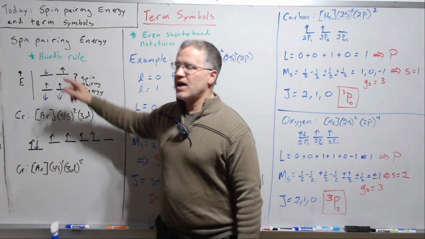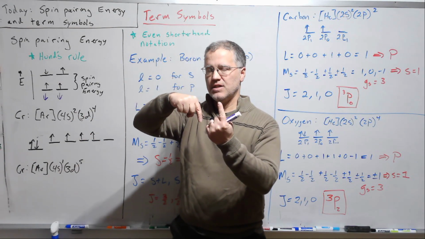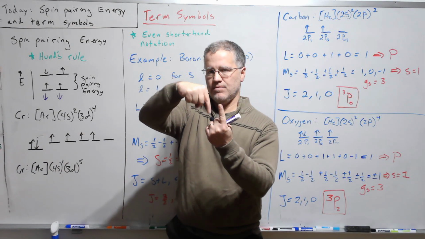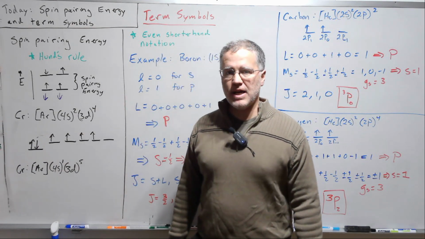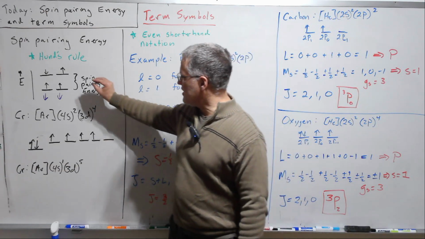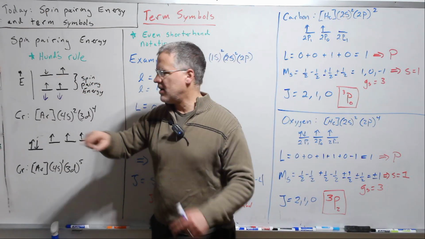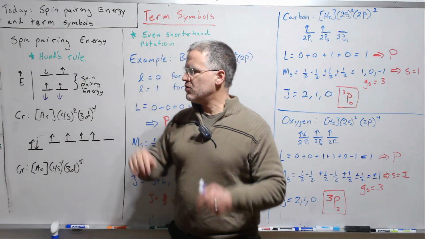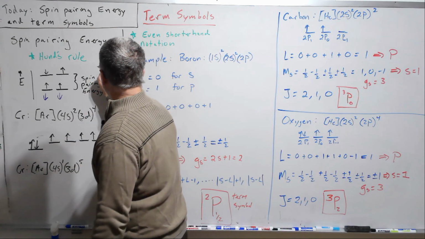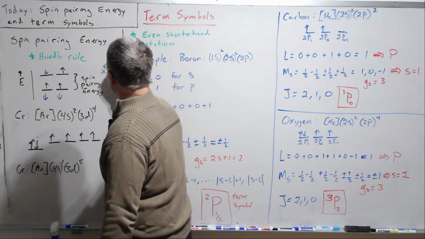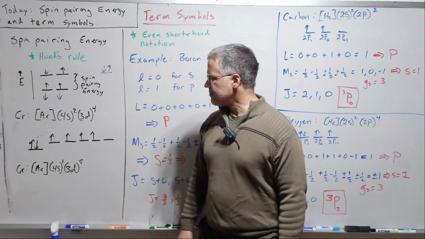But if we try to misalign the spins or pair the spins so that we have them anti-parallel, then we get something called spin pairing energy. And I'm cheating a little bit here. There is a difference between two different states and then pairing in the same state. We'll just kind of generically talk about this here. Regardless, there's an energy associated with that.